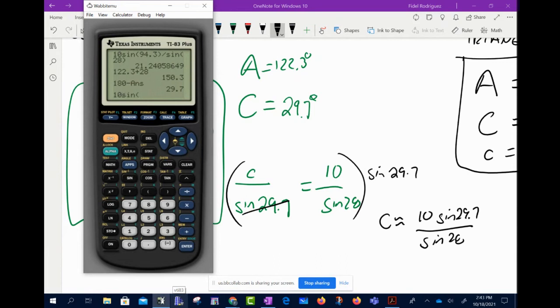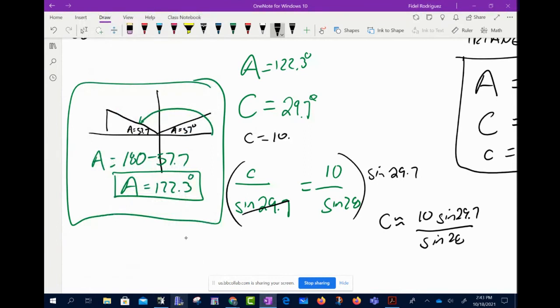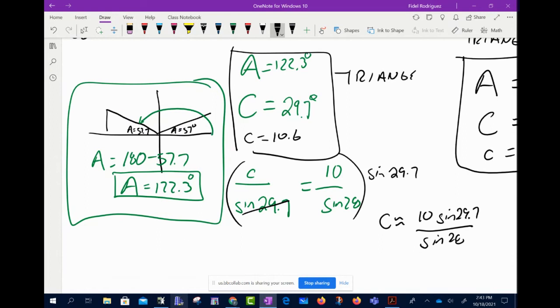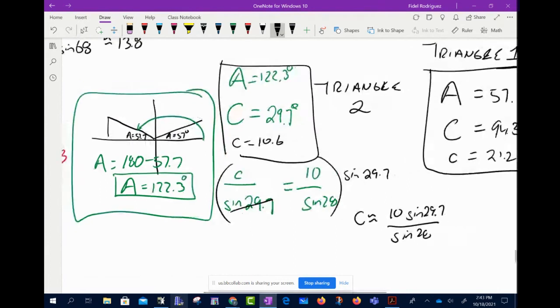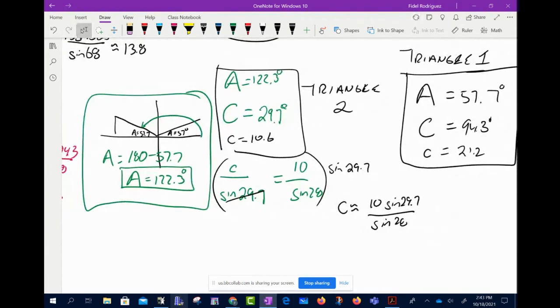So 10 sine 29.7 divided by sine of 28 and hit enter. And I'm coming up with 10.6. Again, we're still rounding to one decimal point. So C equals 10.6. And this one here, y'all, is in my triangle 2.